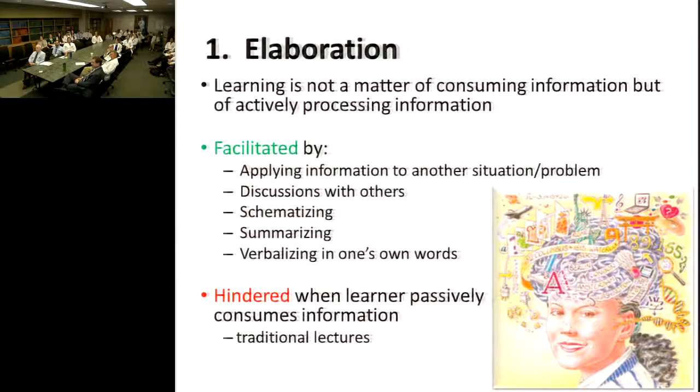When you boil it right down to the biological basis of what it is, it's neuronal connections and schemas, building on schemas, developing them. Summarizing information is a great way to learn it. Summarizing things in your own words is an absolutely wonderful way to learn. We know it's hindered when people just passively consume information, like in traditional lectures.